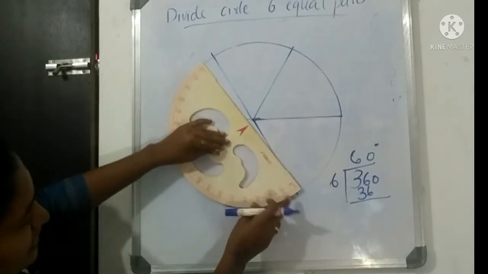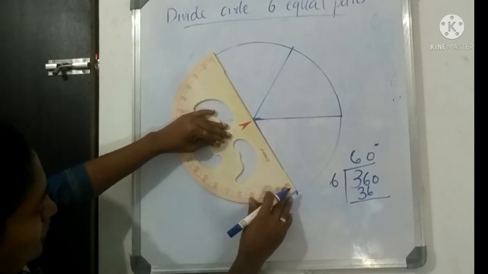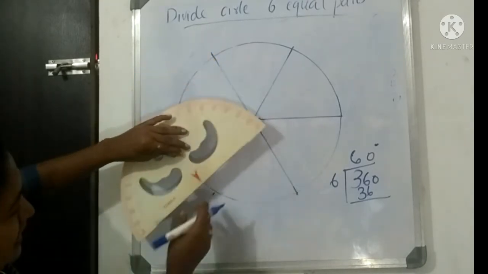Again take 60 degrees. Always make the center coincide with this line. And again mark 60 degrees.